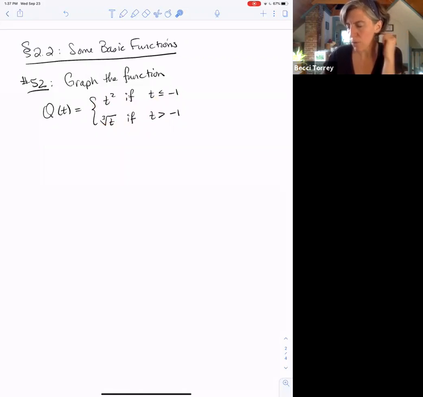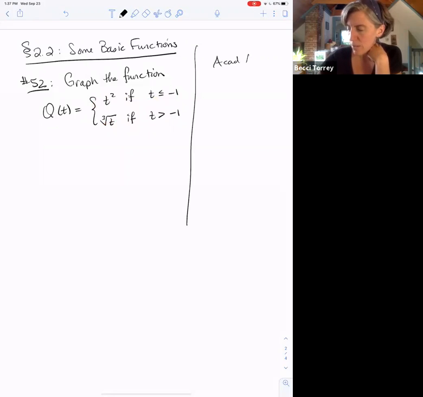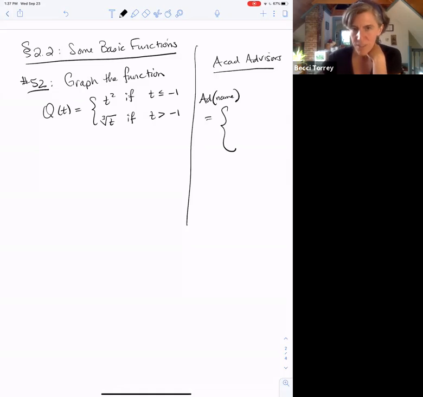Okay, if we were going to write out the example with the academic advisors, right? I don't remember the exact distinction, but it would look something like advisor of name, and I don't have a lot of space, so I've moved my equal sign down here. You'd have this curly bracket and lots of different advisors, right?